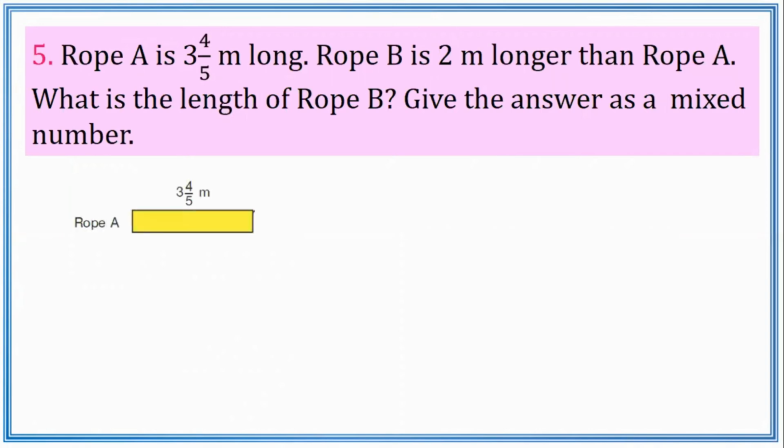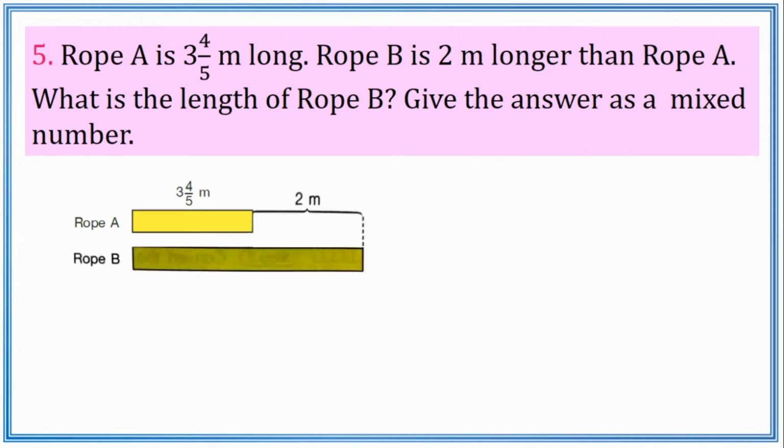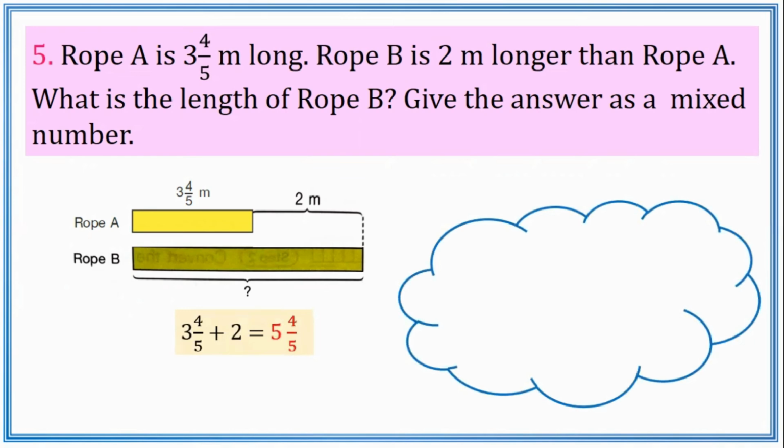So let us draw an illustration for us to easily understand the word problem. So as said, rope A is 3 and 4 out of 5 meters, while rope B is 2 meters longer than rope A. So now we need to find out the length of rope B. All we have to do is to add the whole numbers. 3 plus 2 is 5, and then copy the same fractional part.